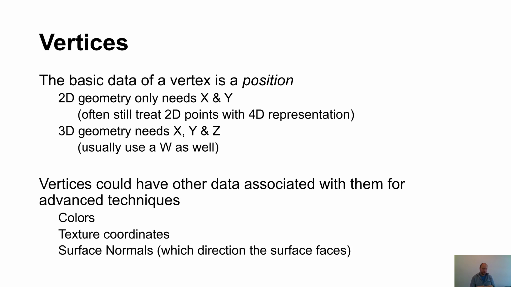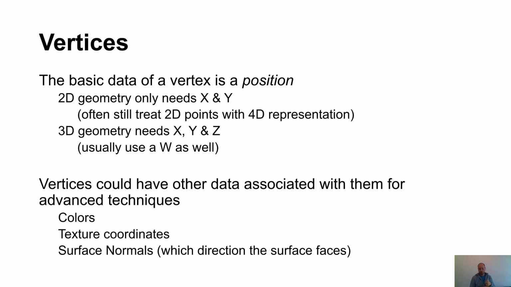Sometimes it's better to utilize a 4D thing, and the w can be used for a number of different things, but we'll talk about that later. For the next few lectures, we're probably going to stick to x, y, and z, but if you see the w popping up in the code examples as I'm working on them, you'll see why.